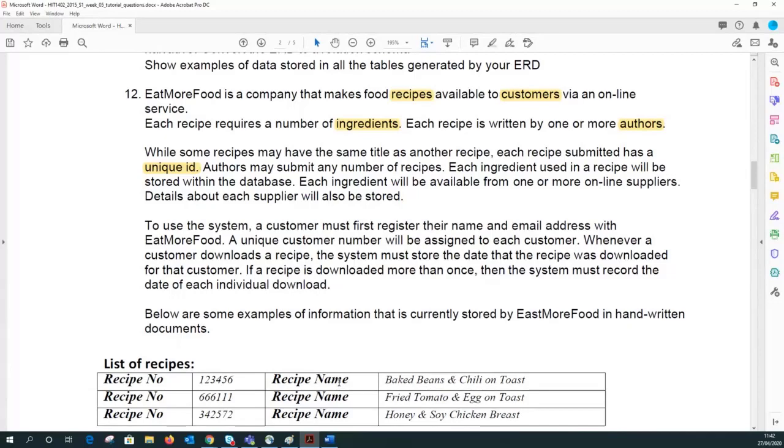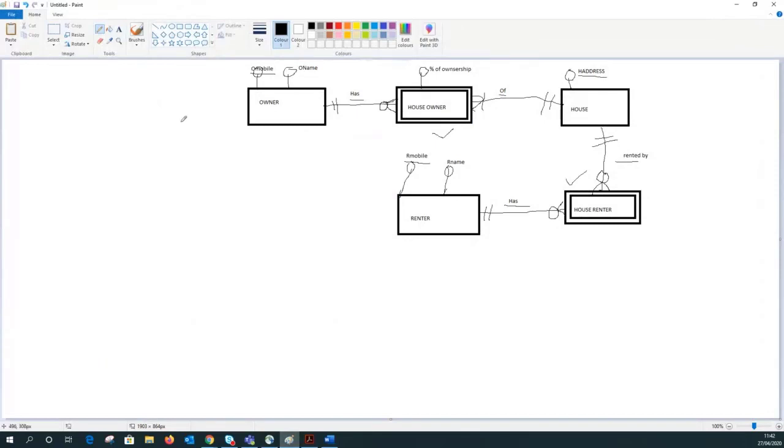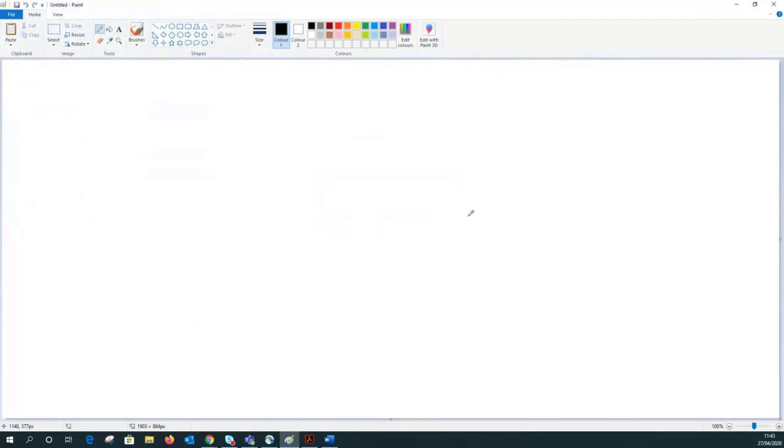Actually, we can capture that information in our diagram straight away. So what I will do is I'll see, somewhere here I will draw that entity.